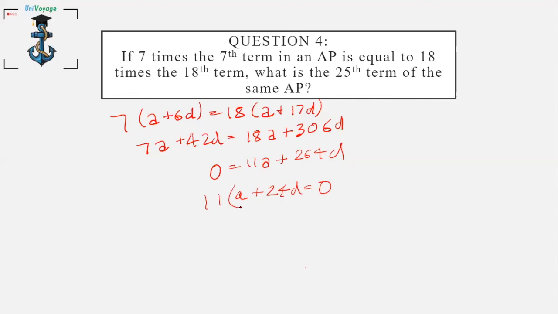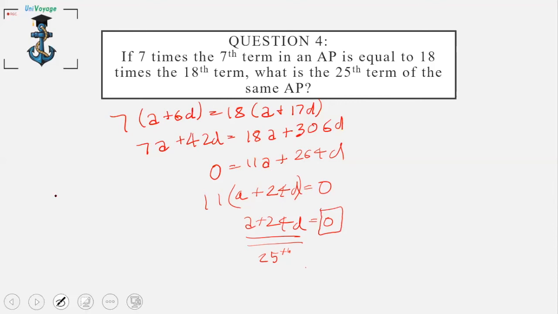You can take 11 common here, and a plus 24d is equal to 0, which is what is being asked to us. This is actually the 25th term of the AP, so the answer here would be 0.